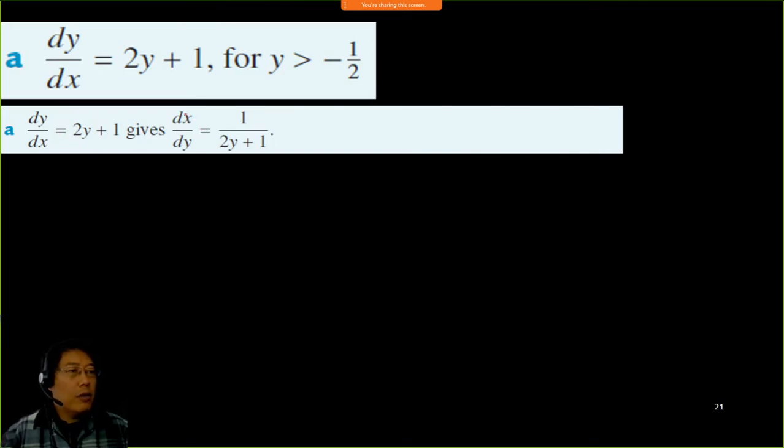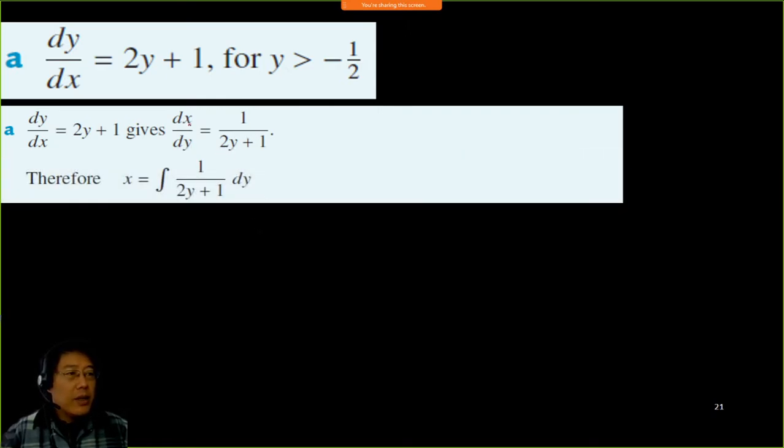You can flip it around. Or what I could have done here is divide by dx, move it to the right, and transpose the dy plus 1 to the left hand side. Here they just do the reciprocal equation, then they have dx, the dy gets transposed to the other side, and you get that integral.